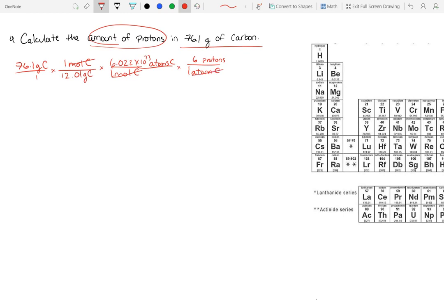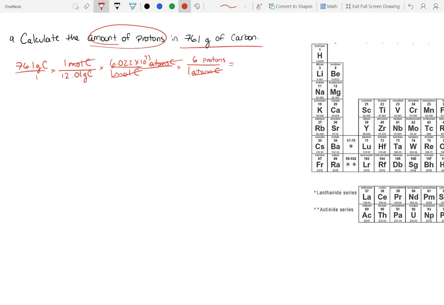So atoms of carbon cancel out, and we're left with protons, okay? And you can't really say protons of carbon because protons compose carbon, right? Carbons don't make up a proton. So we're just going to leave that as protons, not as protons of carbon.